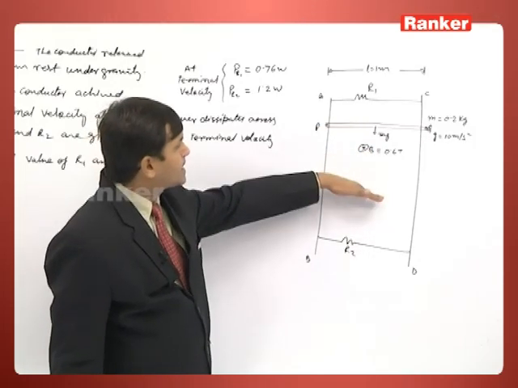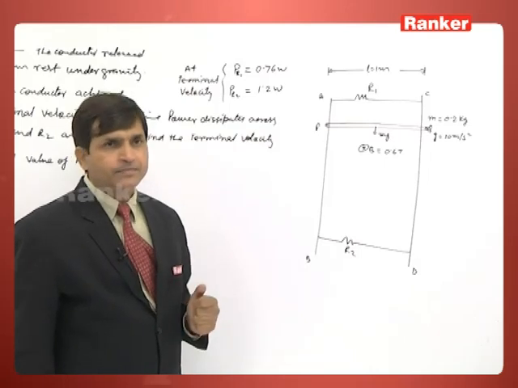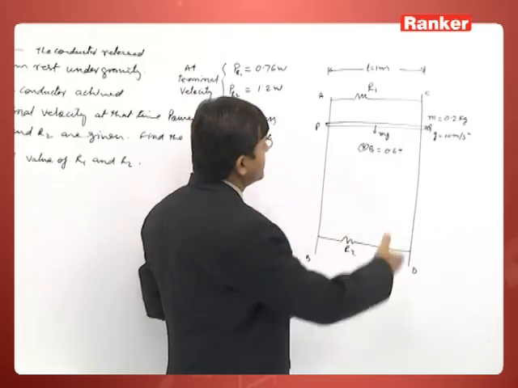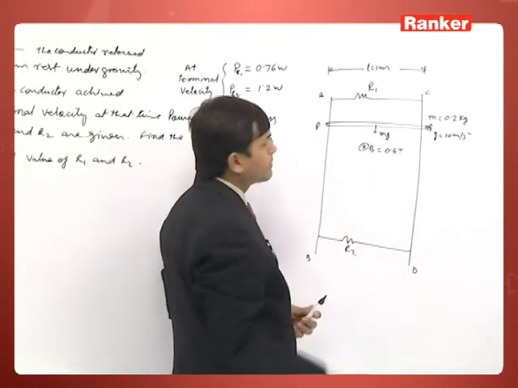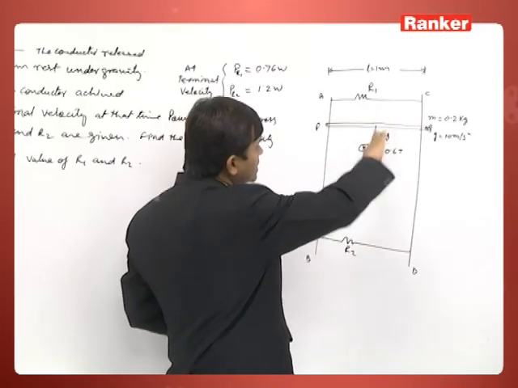It starts accelerating. As soon as it accelerates, it acquires a certain velocity. Because of that velocity, an EMF will develop, and see the direction and polarity of the EMF. The magnetic field is inward, the velocity is downward.